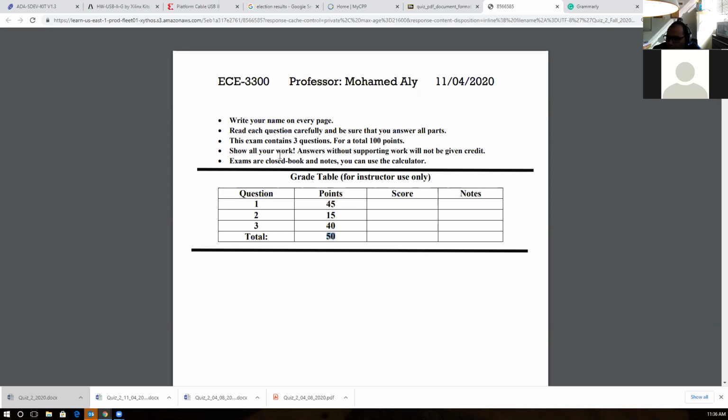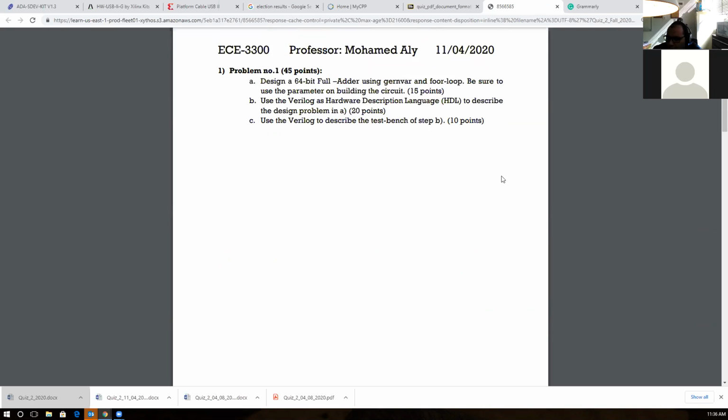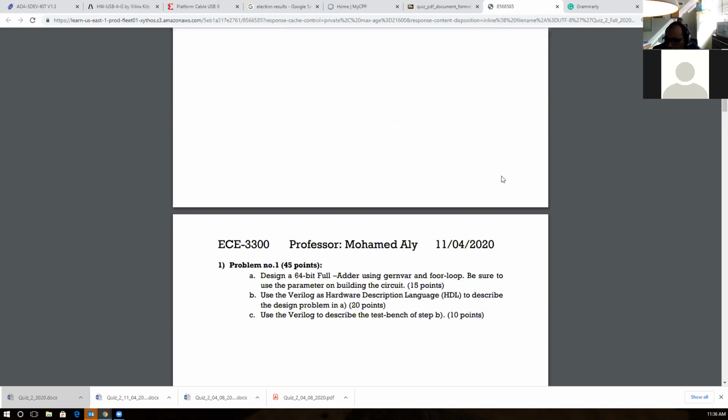Show all your work. An answer without supporting work will not be given credit. Now let's move forward to the first question. Design a 64-bit full adder using genvar and for loop. Be sure to use the parameter when building the circuit. When I say design, it's not just writing code, it's design.